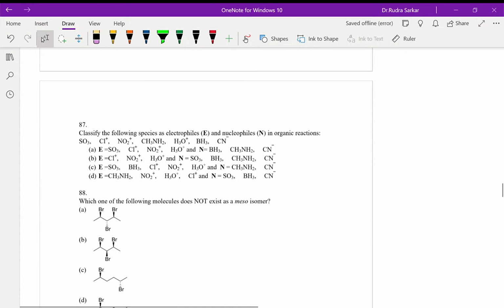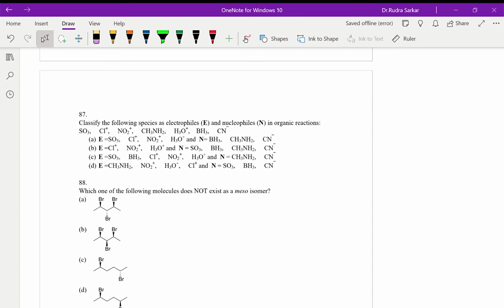Next, classify the following species as electrophiles and nucleophiles. So over here, electrophiles are electron loving reagents or that can accept charge in their vacant orbitals.